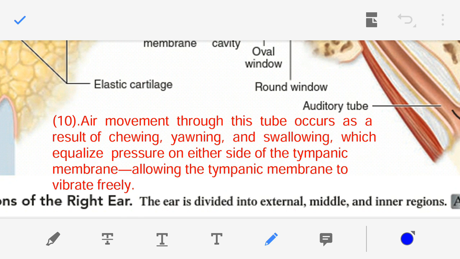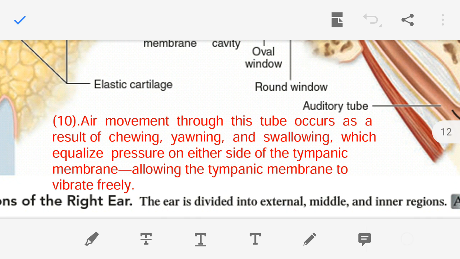Air enters into this tube as a result of our chewing process, yawning, and the swallowing process. So these are the three processes due to which the air moves in the auditory tube.